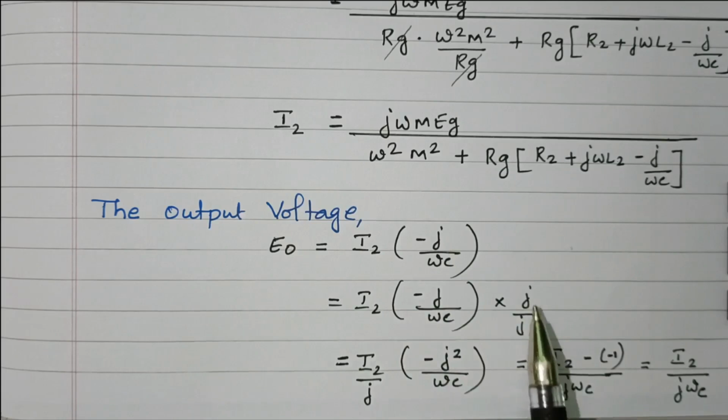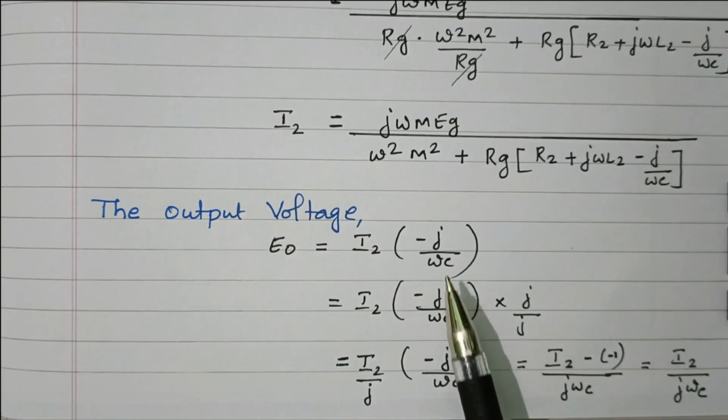This is multiplied and divided by j, so j becomes j square, minus j square I2 divided by j omega C. We know that j square is minus 1. Already one minus is there, so it becomes plus, I2 divided by j omega C.